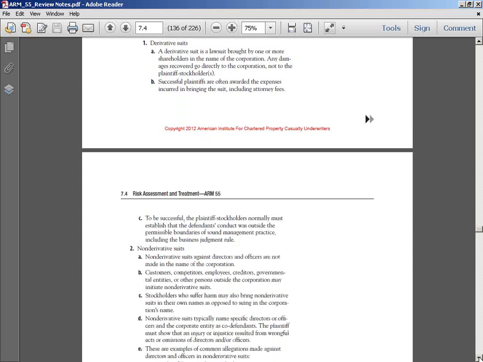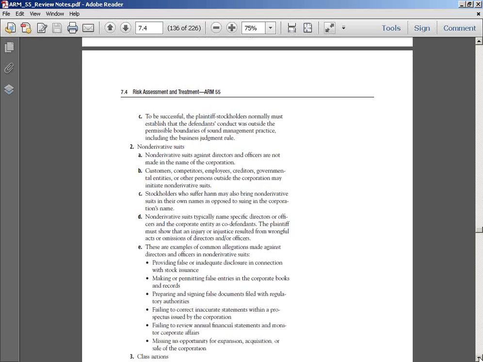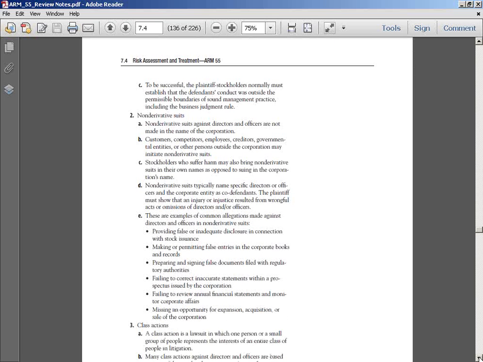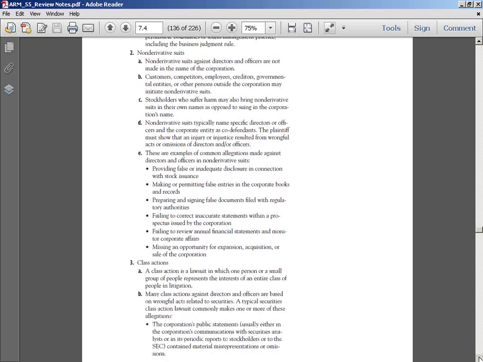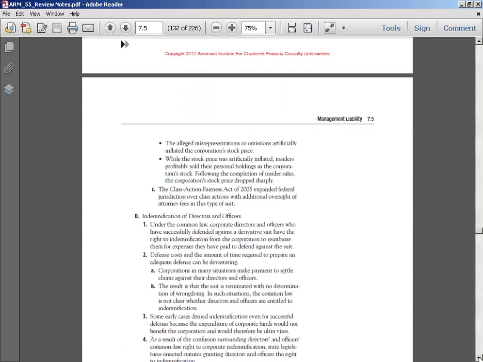Non-derivative is anyone outside who can make a suit against the company for something like fraudulent filing of returns that causes the stock to go down. With non-derivative you can actually get money back, while a derivative suit is really trying to cause a different course of action. There's really no money changing hands. And class actions would be a large portion of non-derivative suits.